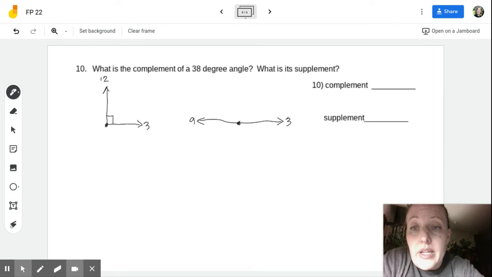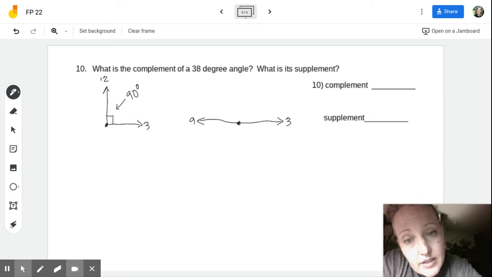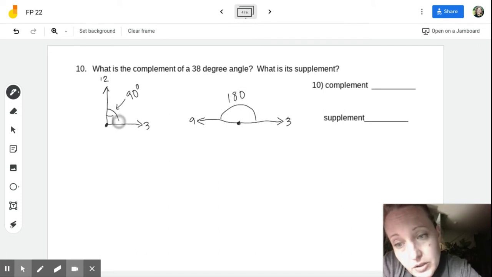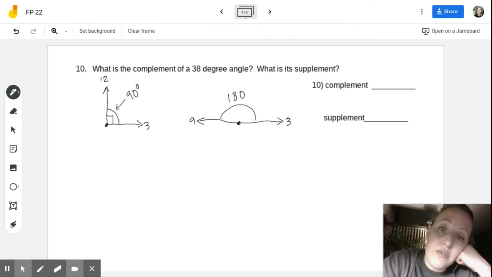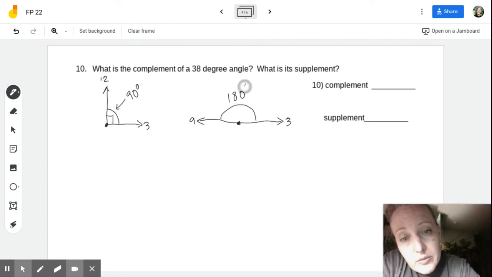So when I have a right angle, this is 90 degrees, right? This is a 90-degree angle. And when I have a straight line, right, this angle measures 180 degrees. And a lot of times we draw this as an indication of the angle that we're measuring. And so we can also put the degree sign.